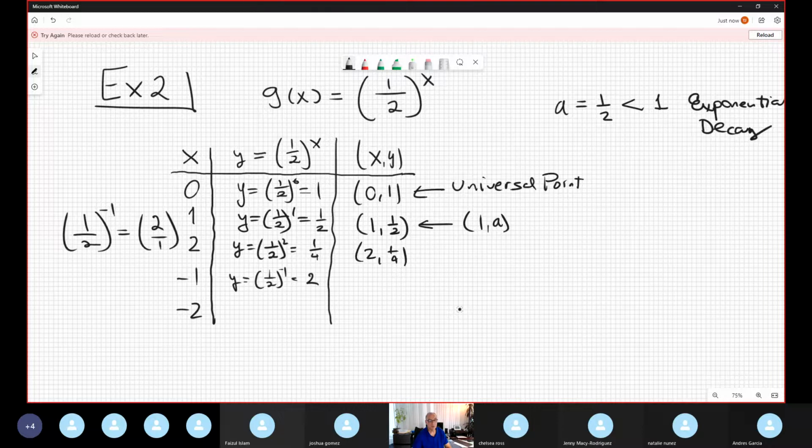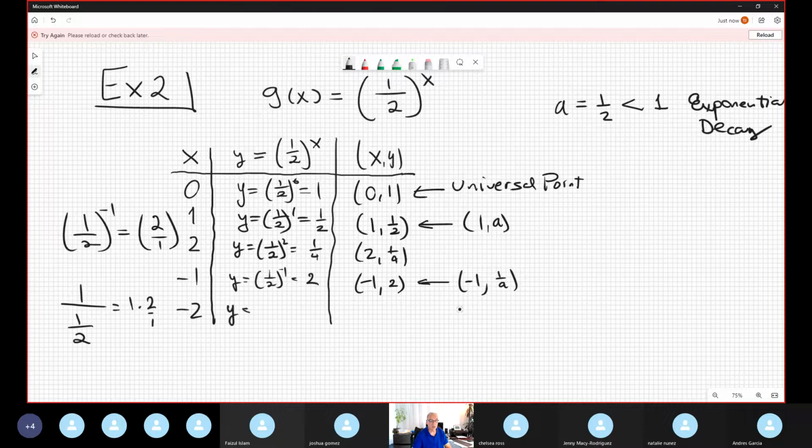Flip it, right? And the point is -1, 2. This matches, in my opinion, the idea of -1, 1/a. A is, in our example, 1/2, and the reciprocal of 1/2, you flip it, is 2/1, which is 2.